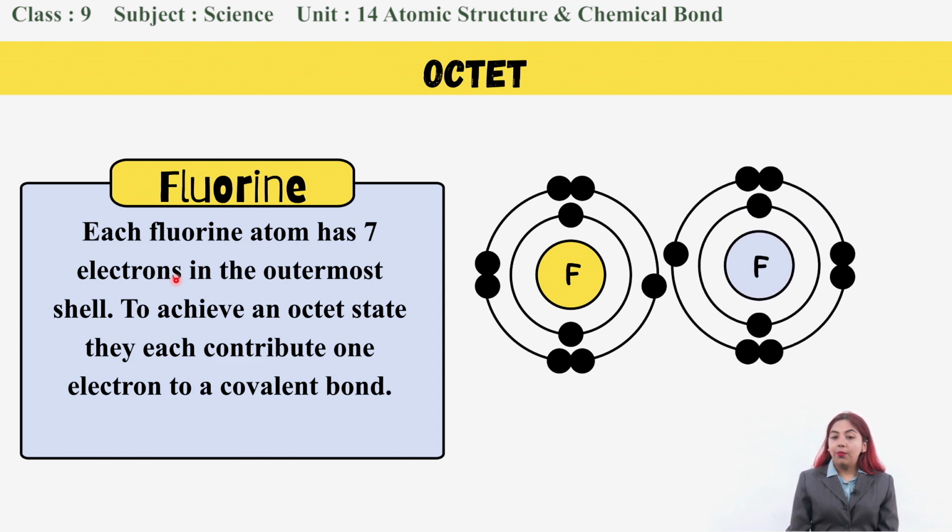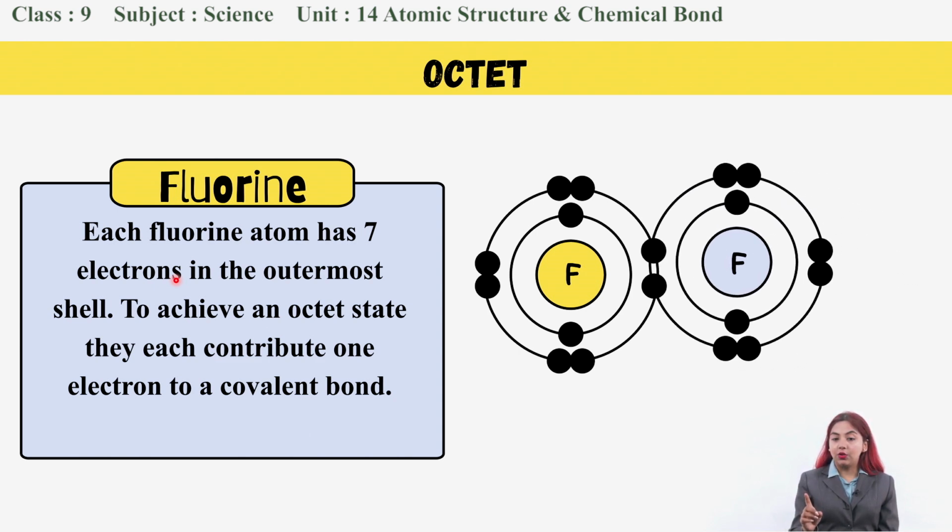When they both share their single electron, they have 1, 2, 3, 4, 5, 6, 7, 8 electrons in their outermost orbit. So both fluorine atoms reach the octet state.